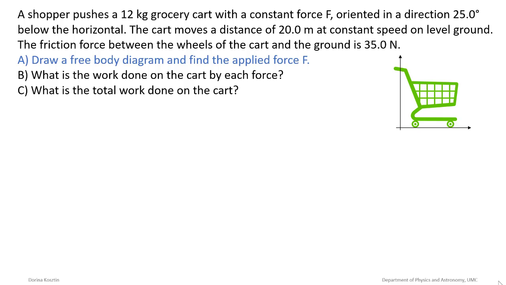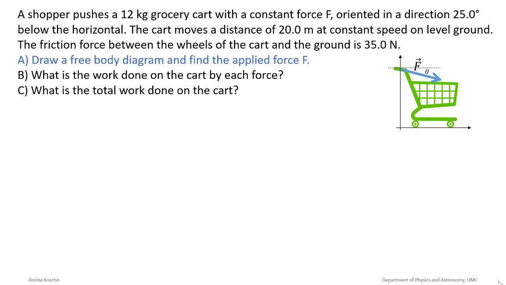The force applied on the cart, F, has a direction that is 25 degrees below the horizontal. Therefore, the force F will make an angle of 25 degrees, denoted here with the letter theta, with a horizontal direction. This is the first force that we can easily identify as acting on the cart.